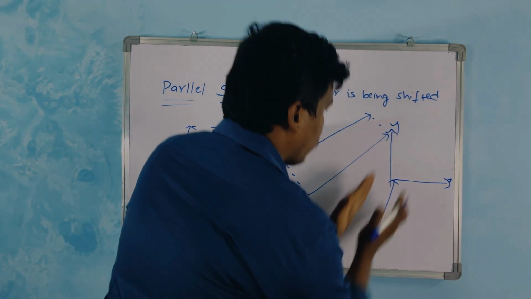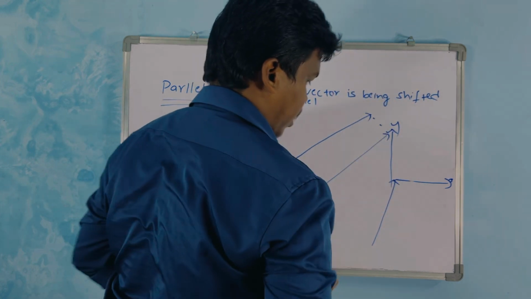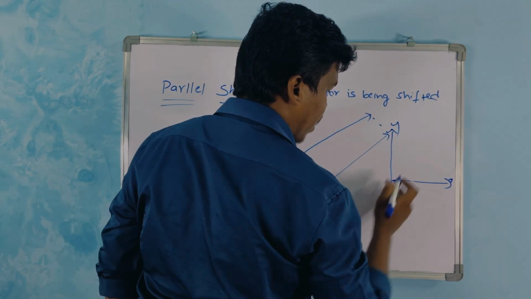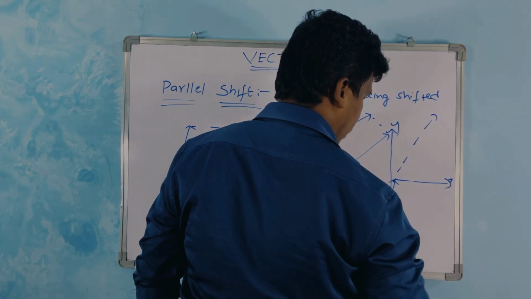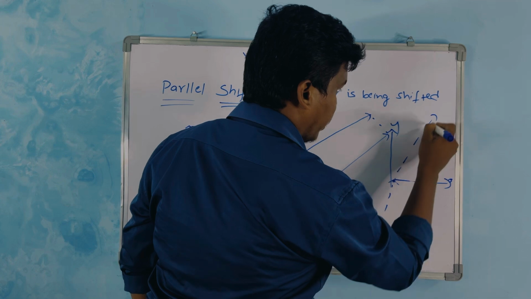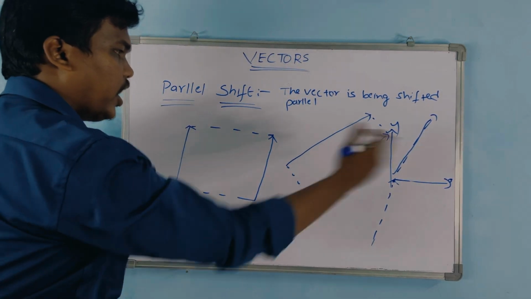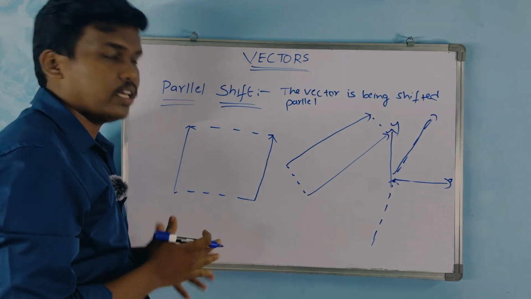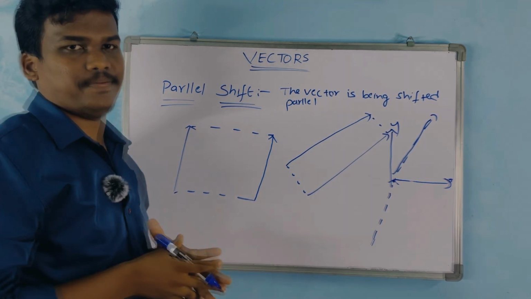I want to shift the vector upward. Now I am shifting it upward like this. I shifted this vector to here. These three types of shifting are called parallel shift. This is about parallel shift.